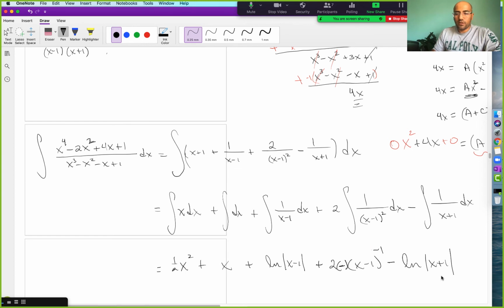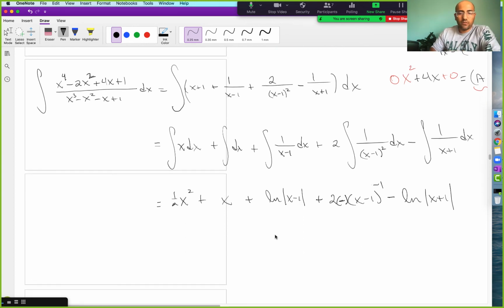Okay, so let's try and simplify these just a little bit. Not that there's much to simplify, it's just pretty ugly. We have 1/2 x squared. Let's move this guy out in front. So then we have plus x minus 2 over x minus 1. That takes care of this thing.